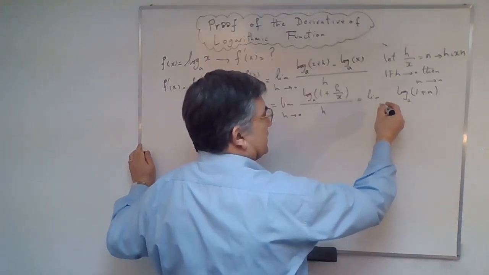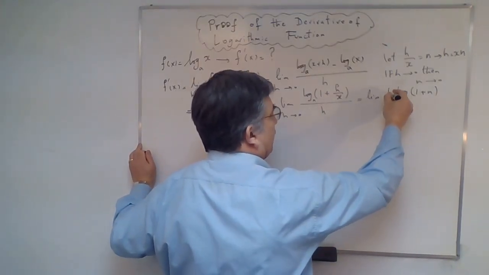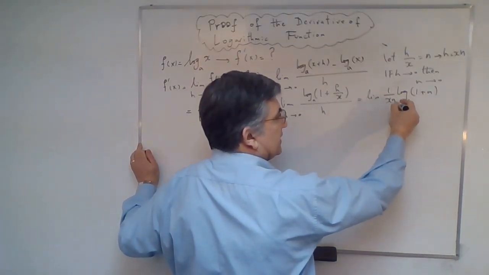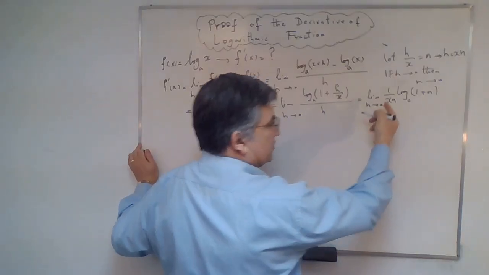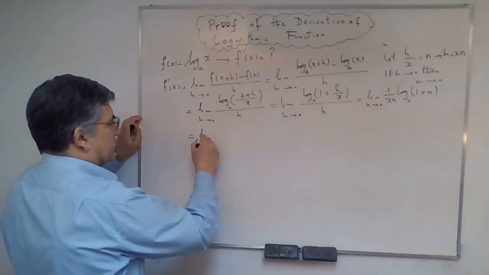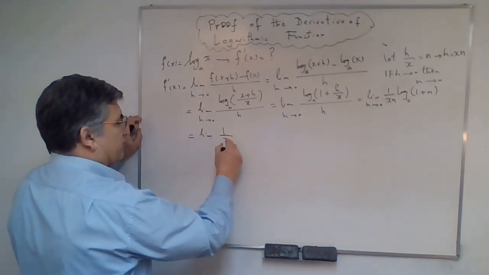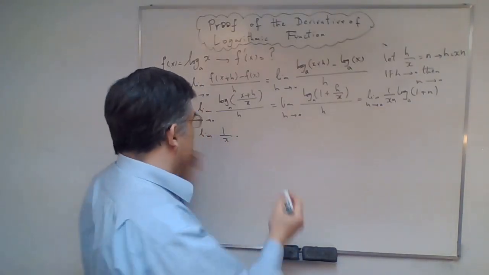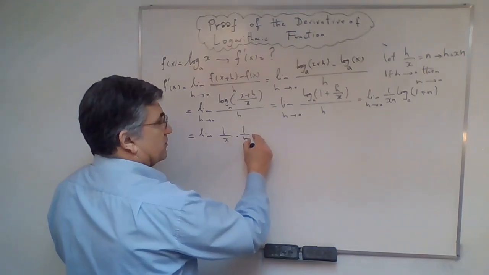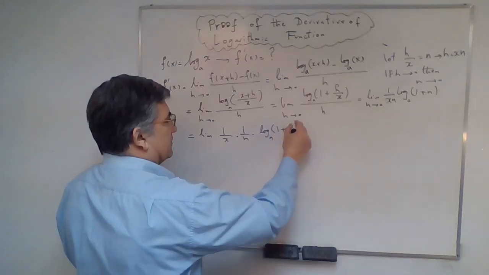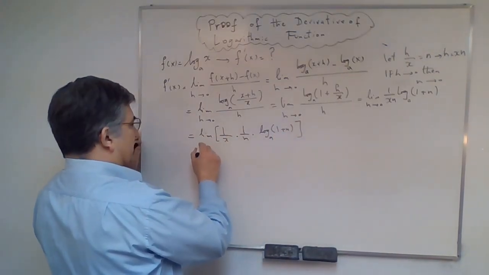So we're going to say limit of 1 over h, which becomes 1 over xn when n approaches 0. So I can rewrite this as limit of 1 over x times 1 over n, right? And then times log base a of 1 plus n. That's how I can rewrite this limit.